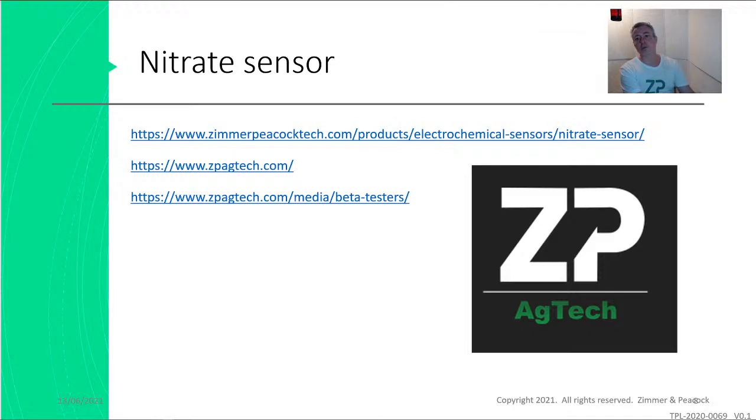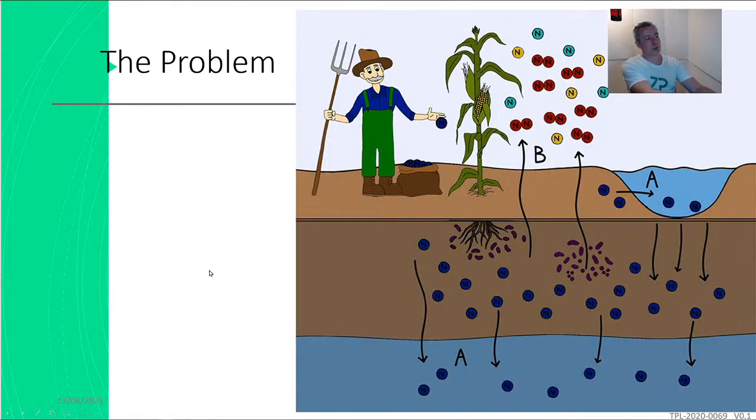So let's first of all talk about this nitrate sensor that we've had these inquiries about. What's the problem? Why are we developing a nitrate sensor? The problem that we're trying to solve at ZP AgTech is we have farmers and they are distributing nitrate upon the soil because they're essentially trying to get the nitrate into the plant so that they get more biomass.